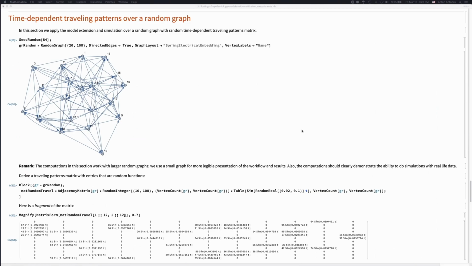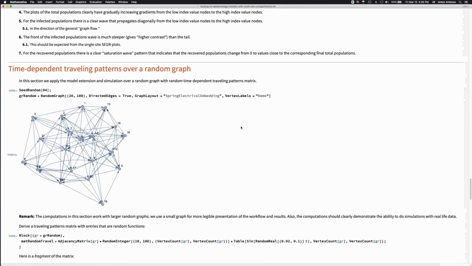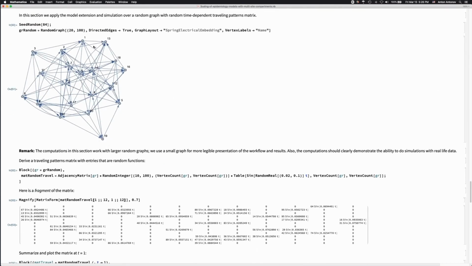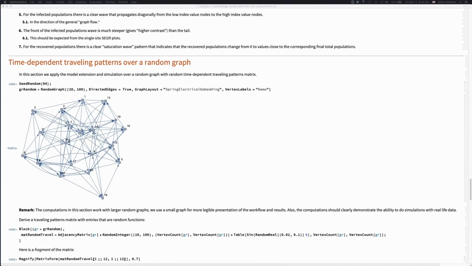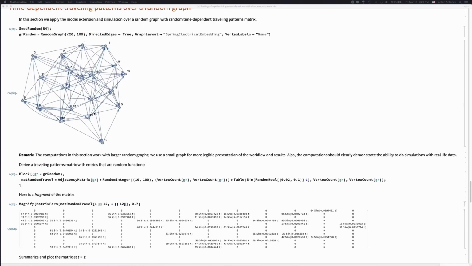So right, well, this random graph model is probably going to be closer to what is happening in a real situation. What I want to mention, though, is that if you can do simulations with a random graph and whatever random time-dependent matrix describes the traveling patterns, this means that you can do it with real data.